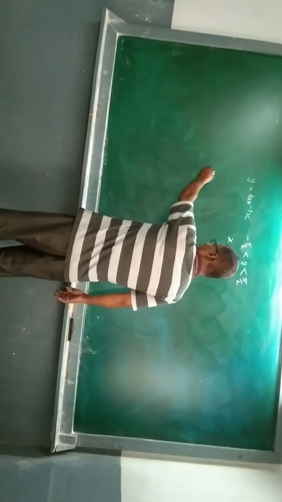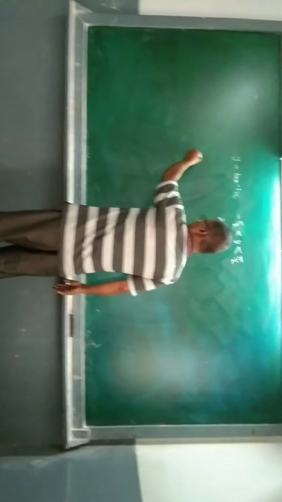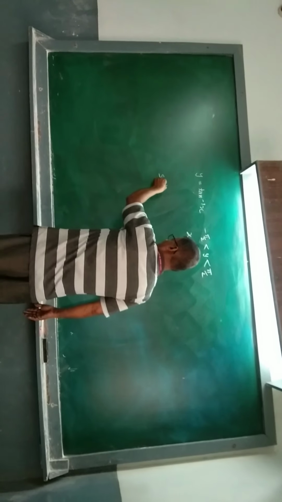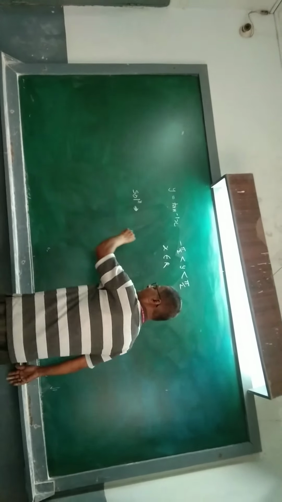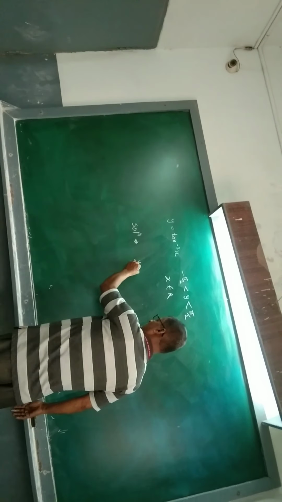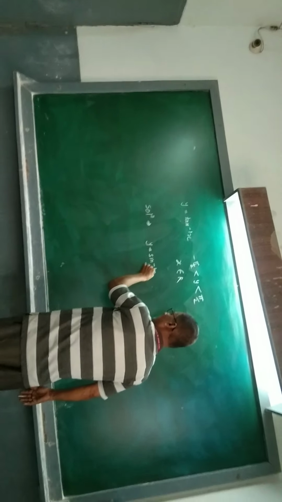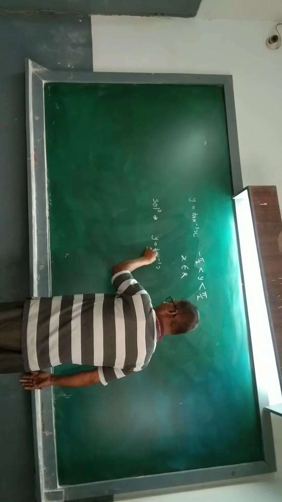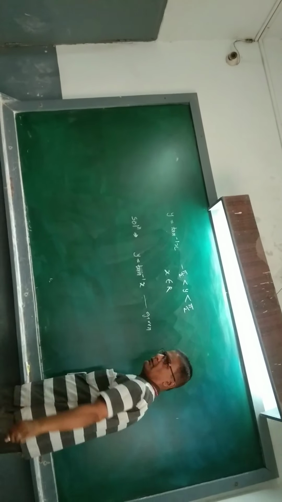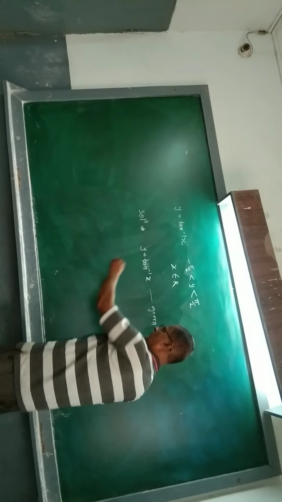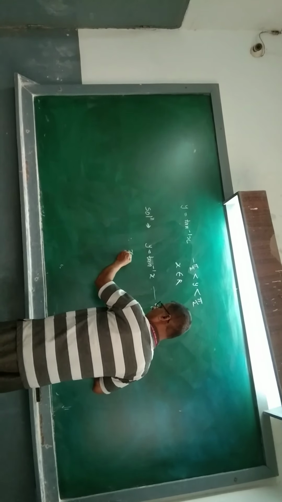Here, find the derivative of y is equal to tan inverse of x. This is given. Convert it into direct function. Therefore x is equal to tan y.